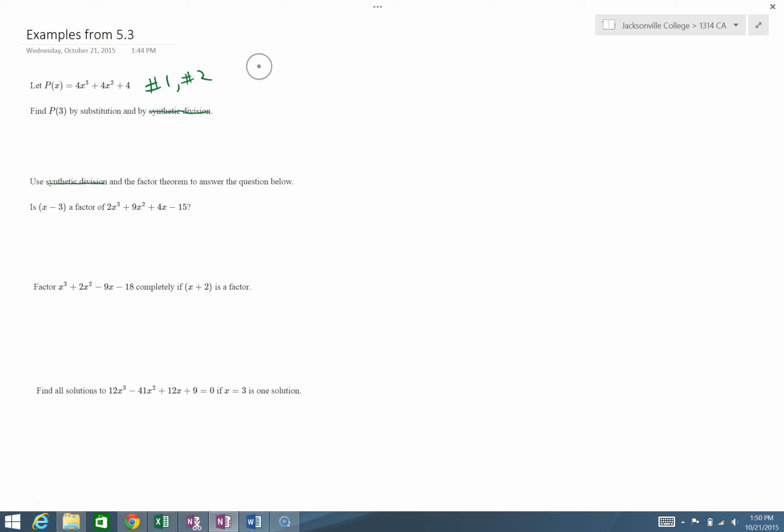So if P of x is 4x cubed plus 4x squared plus 4, and I want to find P of 3, I'm simply going to substitute 3 in place of all those x's. And I trust you can handle that with your calculator, or maybe even in your head. So 3 cubed is 3 times 3 times 3, that's 27 times 4.